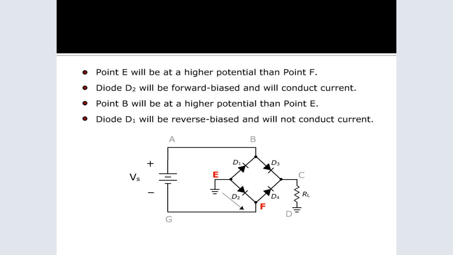Then it does the other half cycle, E to F. D2 is forward biased, conducts. Remember, from point... okay.